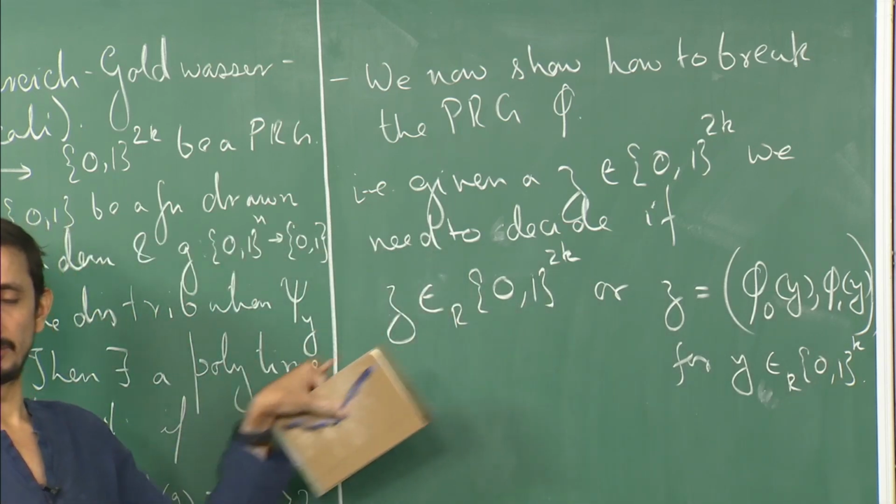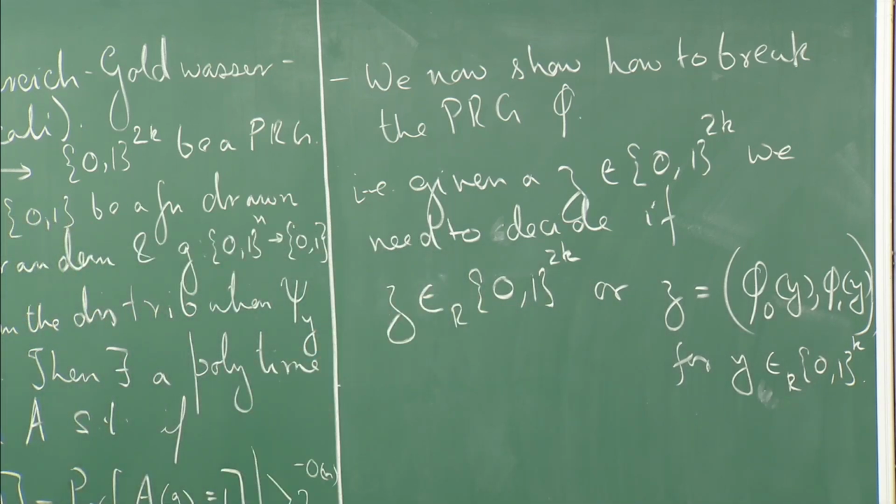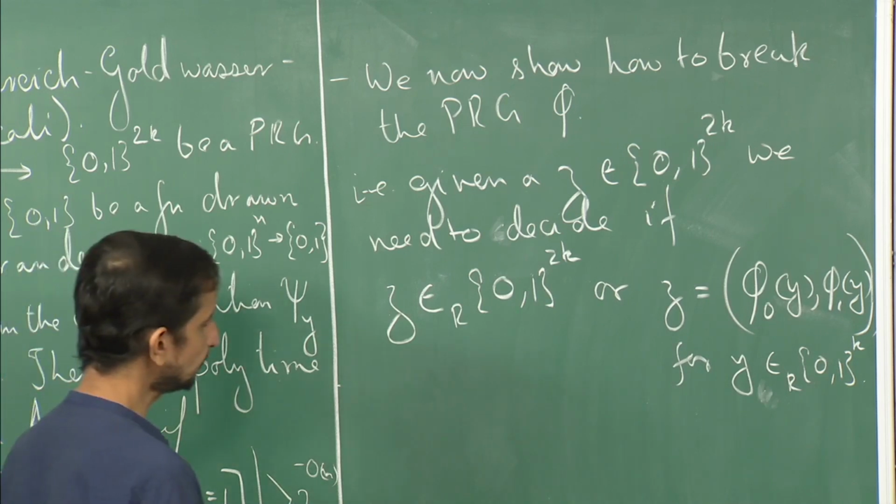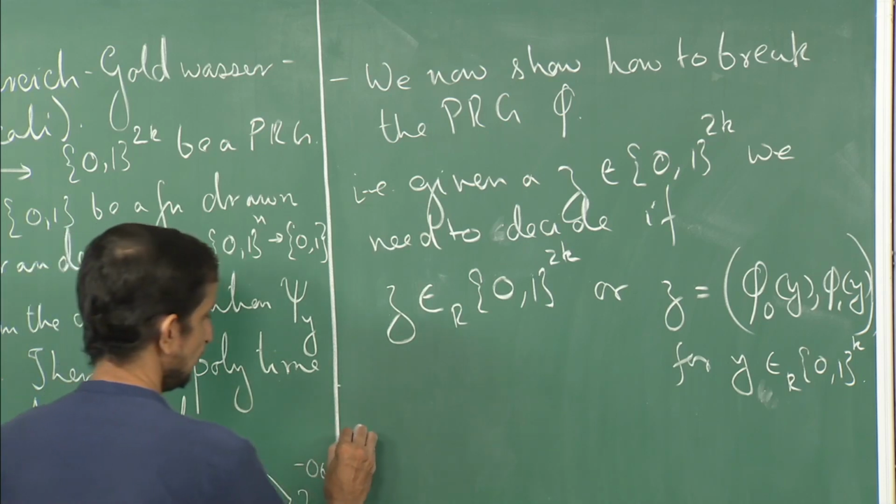So we have to distinguish between these two choices. Okay, so how do we distinguish?